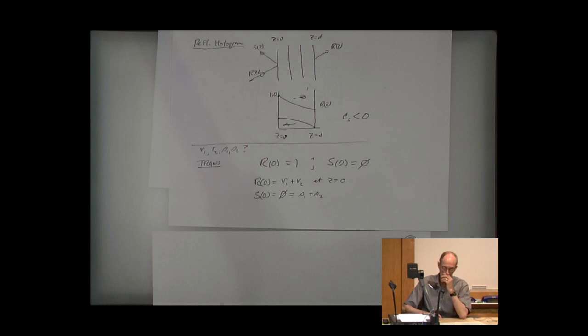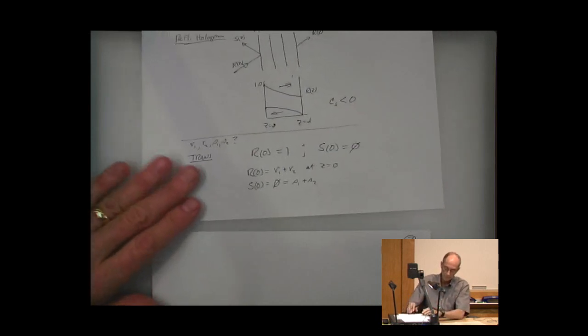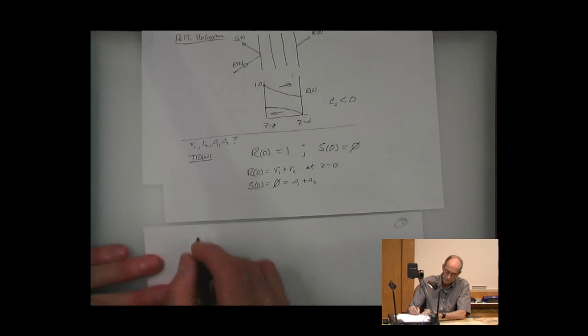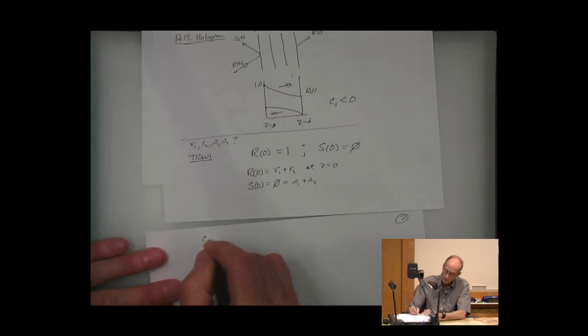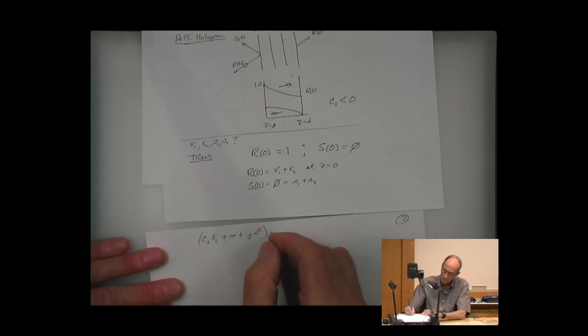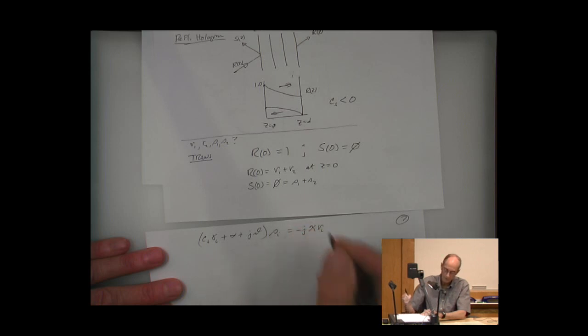All right, and so we can take our equations that we had. So we had that C sub s gamma i plus alpha plus j times this detuning parameter times Si is equal to minus j kappa Ri.